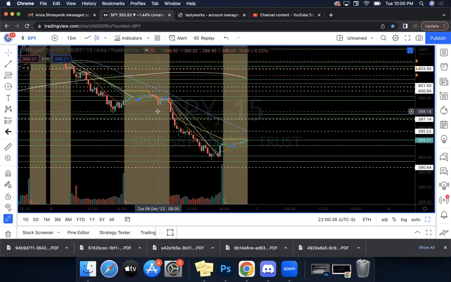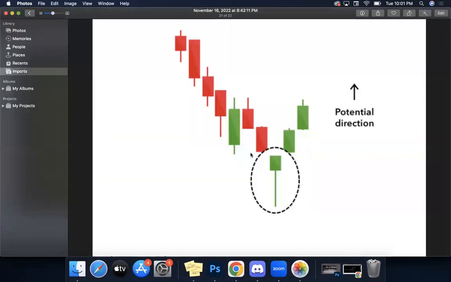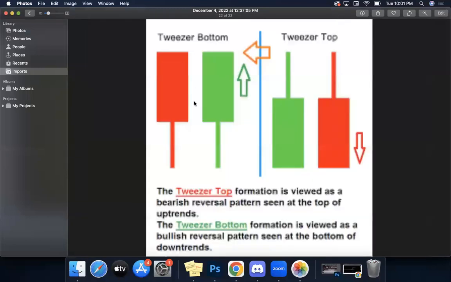So let me pull up the tweezer bottom photo that I had posted in the chat. One second, team. Right here, let me airdrop this so you guys could see. Boom. Okay, look, tweezer bottoms and tweezer tops. These are the patterns that I was indicating.